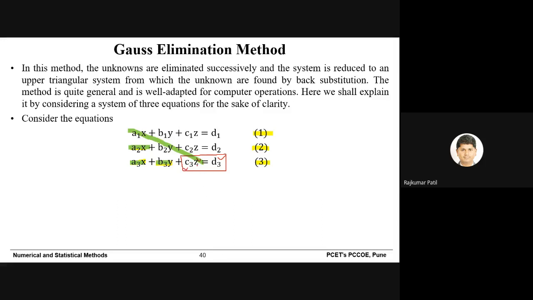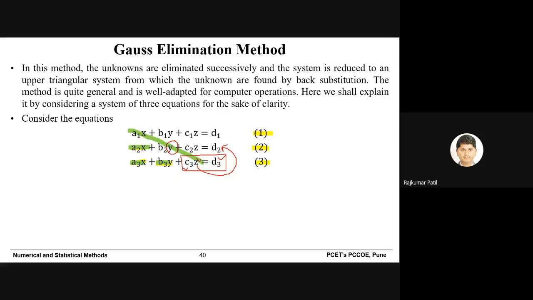Then once you get the value of z, put this value of z in equation number 2, and you can calculate the value of y if b2, c2 and d2 are given to you, as we already calculated the value of y.